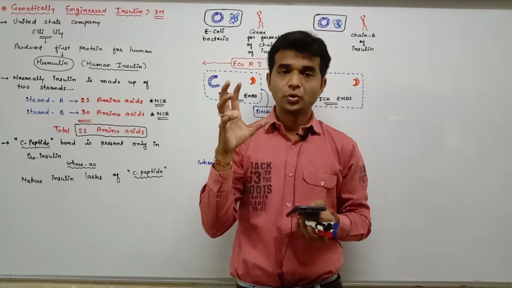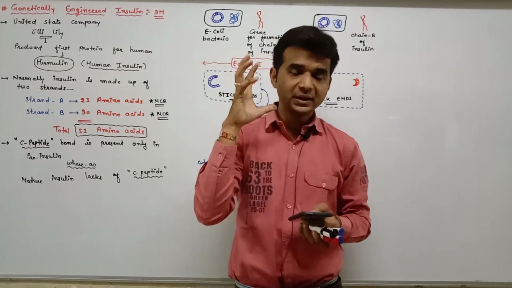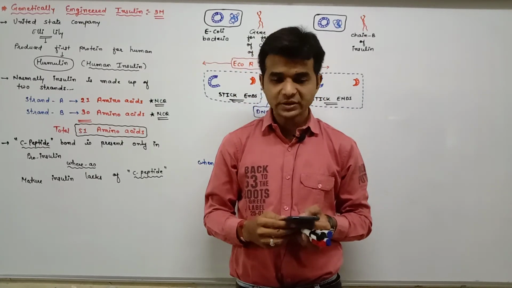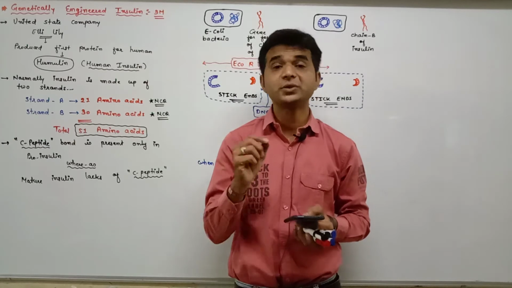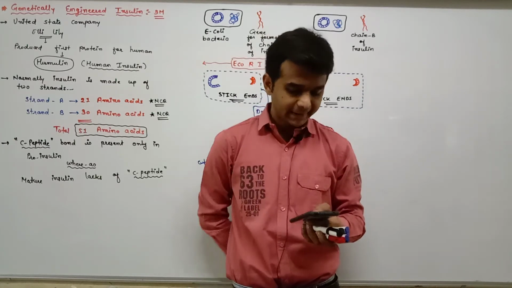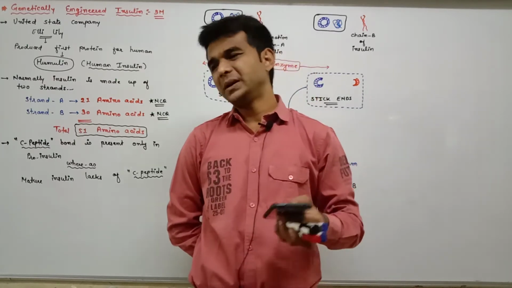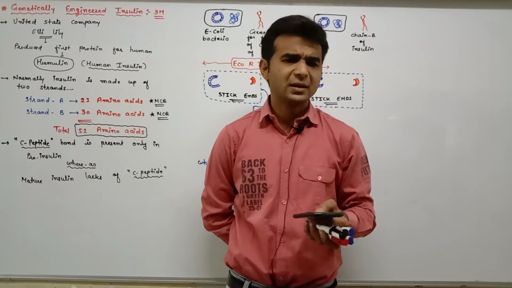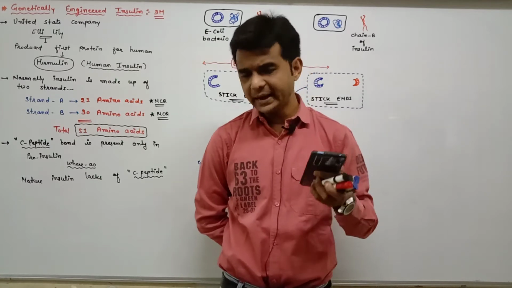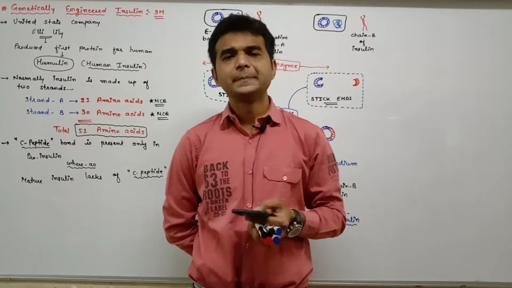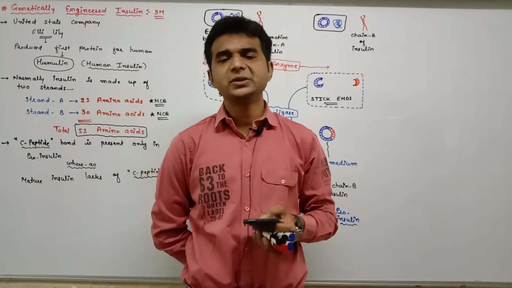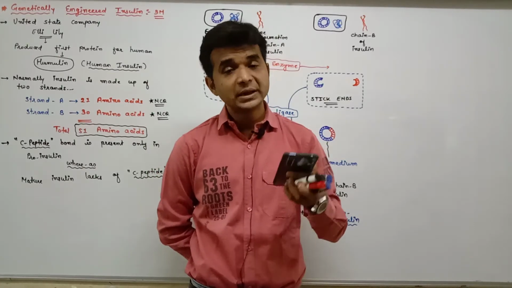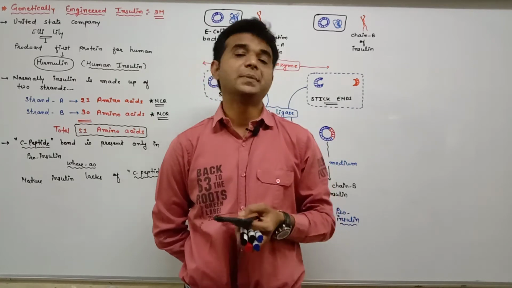So, to obtain the proper effect of the insulin, we have to take it intramuscularly. Yes, oral administration of insulin can give some effect, but compared to the intramuscular insulin injection, it cannot give that much higher effect because insulin is digested by the stomach.